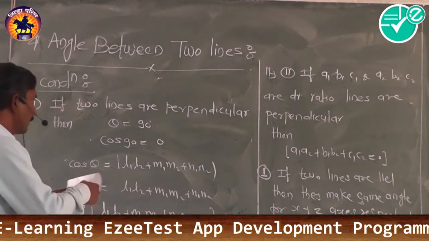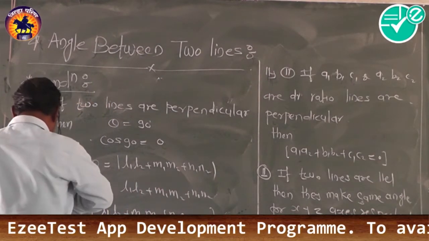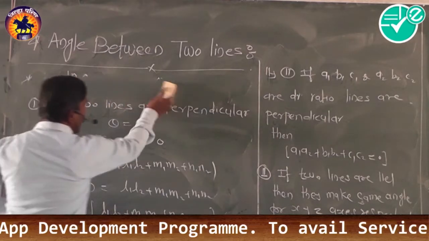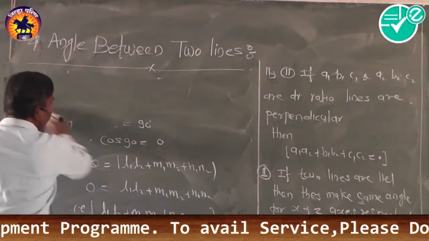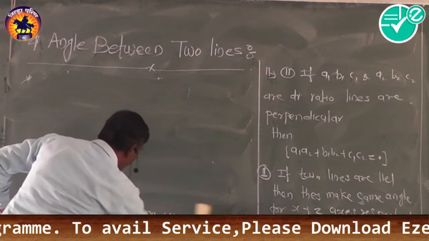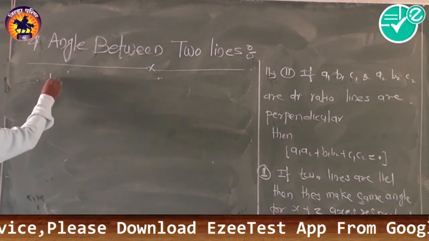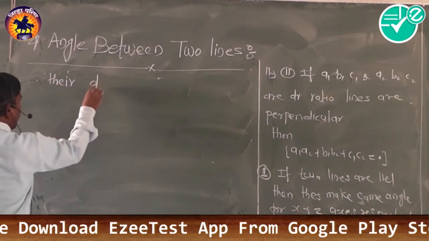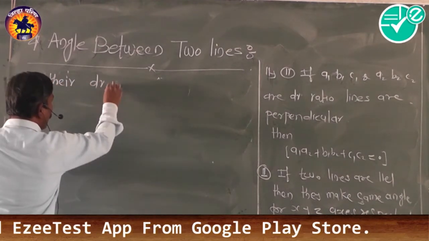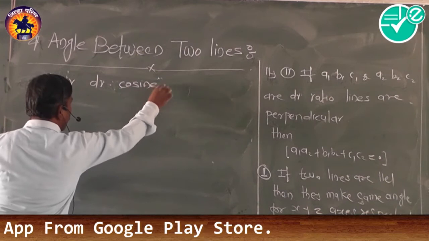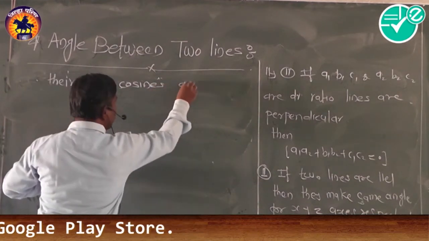Therefore their direction ratios are the same. Therefore their direction cosines are the same.